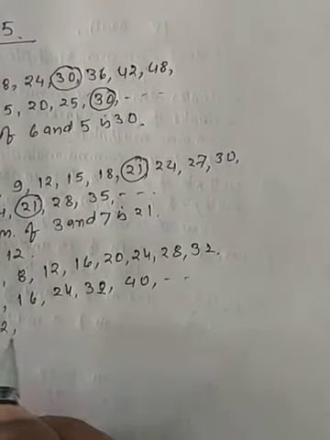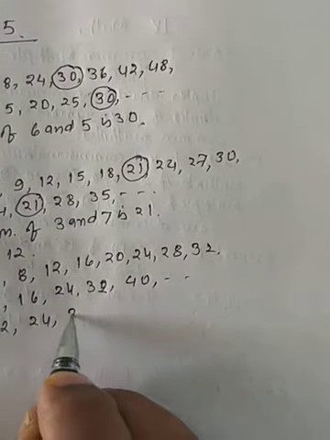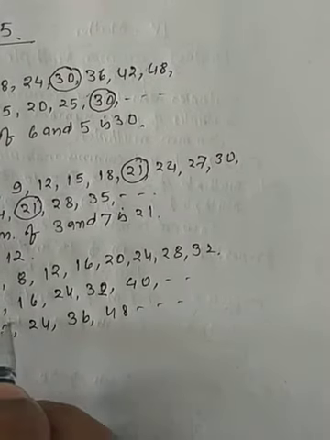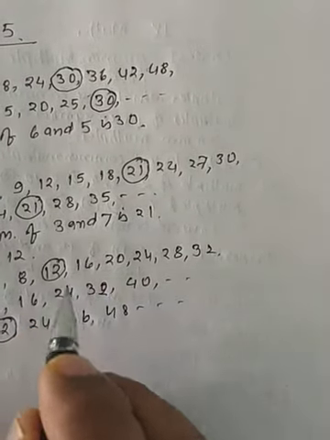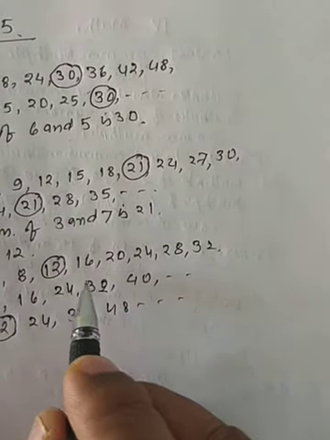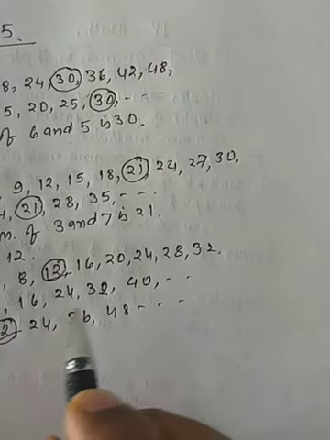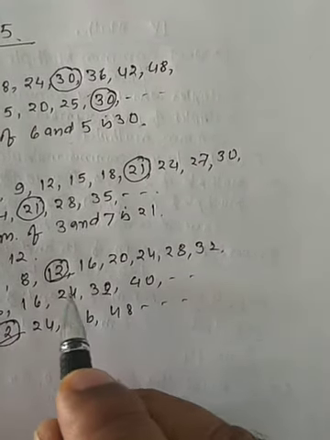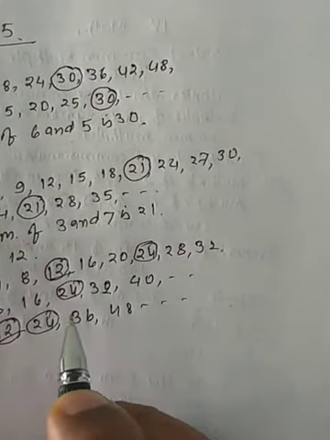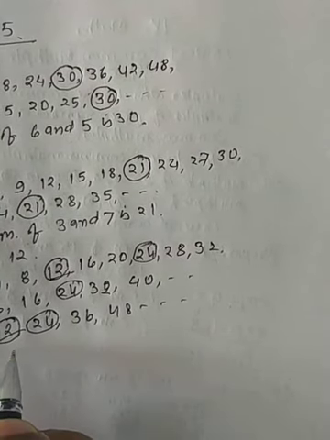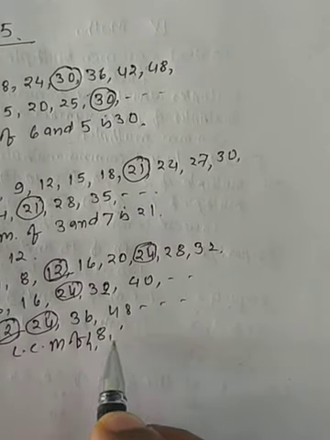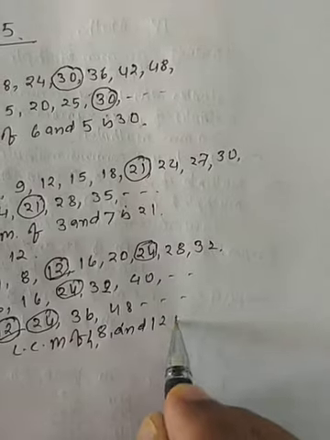Multiple of 12 is 12, 24, 36, 48 and so on. The common multiple of these three is 24. So the LCM of 4, 8 and 12 is 24.